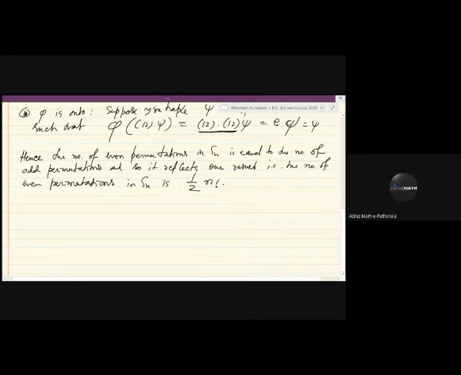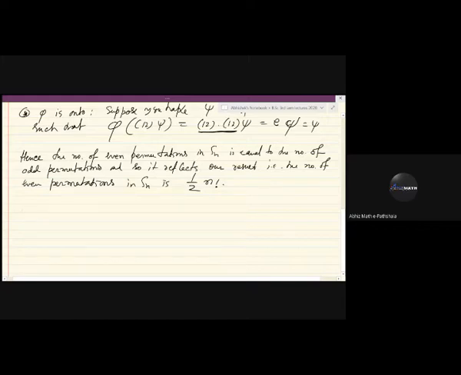And these classes are the classes which are invertible, that means which have inverse in Zn with respect to multiplication modulo n.